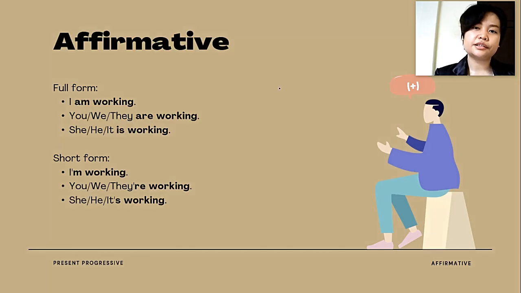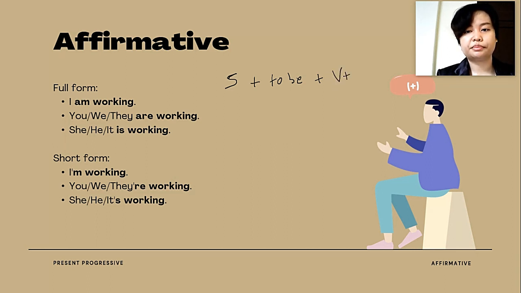Alright, now let's take a look at the use of present continuous or present progressive in affirmative sentence. The formula is subject plus to be, am, is, or are, plus the participle form of the verb plus ing. Okay, the verb is verb one, of course, the base form.